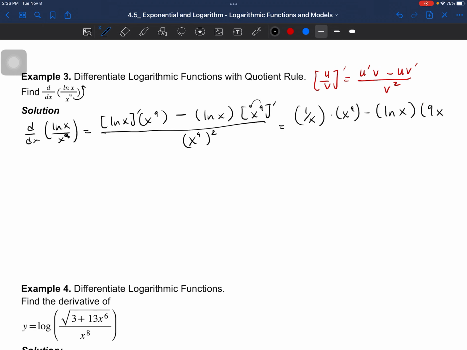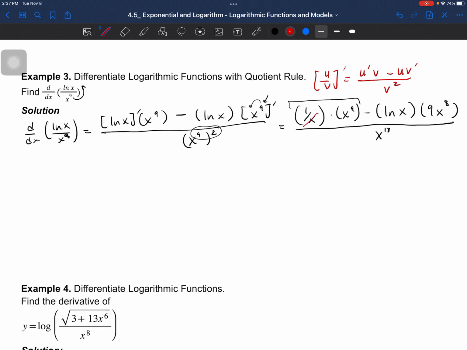Followed by natural log of x, followed by the derivative of x to the 9. So the derivative of x to the 9, we can just simply use the power rule, which means bring down the power, leave the x as it is, and then subtract 1 from the power. So that would be 8. All over x to the 9 to the second.